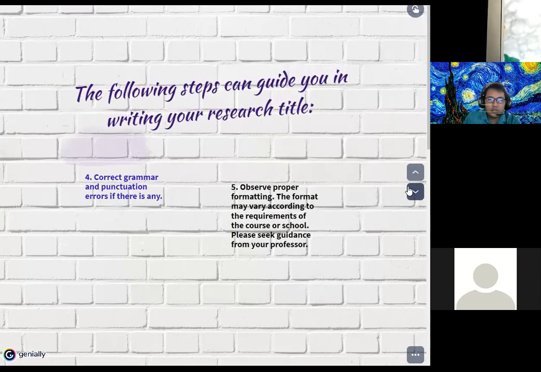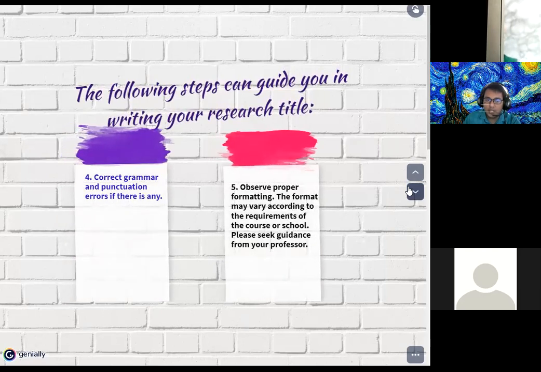Number 4, correct grammar and punctuation errors if there is any. Just like what I've said, these are basic. Maliit na bagay lang kung baga sa inyong research but it plays a vital role. So dapat kino-correct pa rin natin ang grammar and punctuation errors.